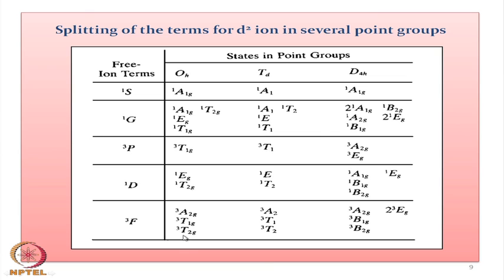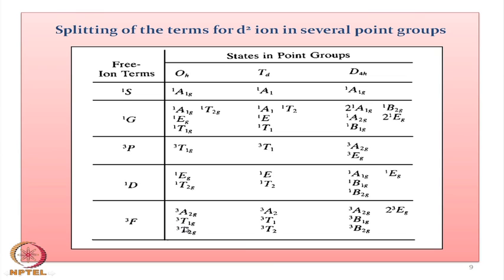If we consider that this ground 3F level defines one particular state in a weak field, that means a weak crystal field, it can have 3T2g as the ground state, and that 3T2g ground state will give rise to the corresponding transition from 3T2g to 3T1g or 3T2g to 3A2g.